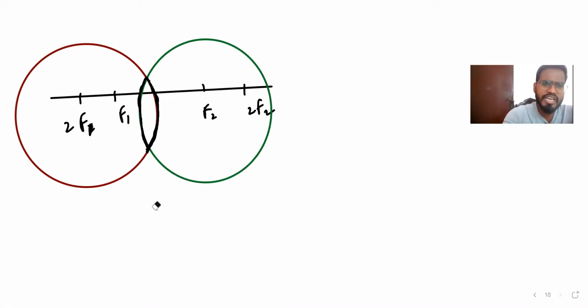Likewise we will see the notations of a concave lens also.